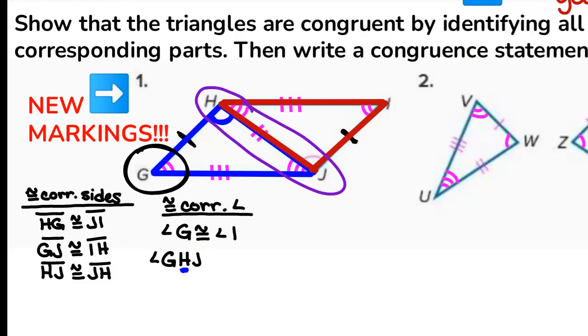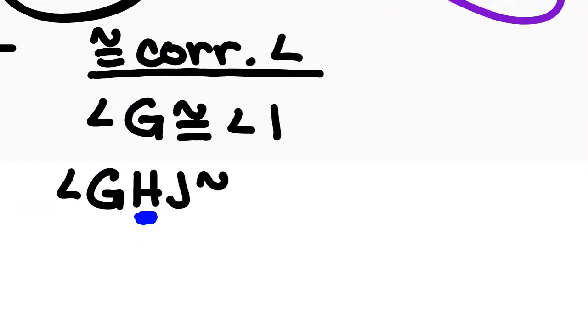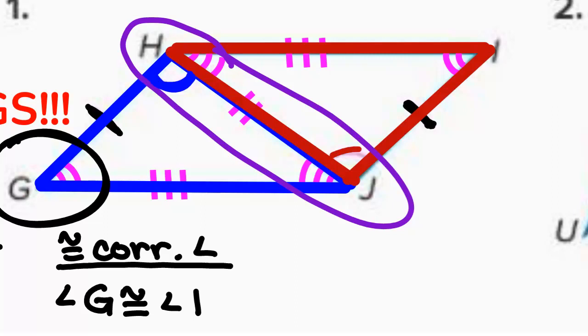That would be congruent to what in the red triangle? IJH. This has J right in the middle, so I know that's the vertex. That would be this angle right here.